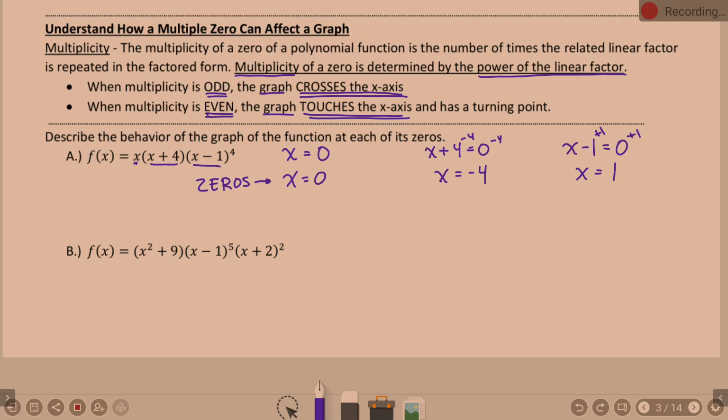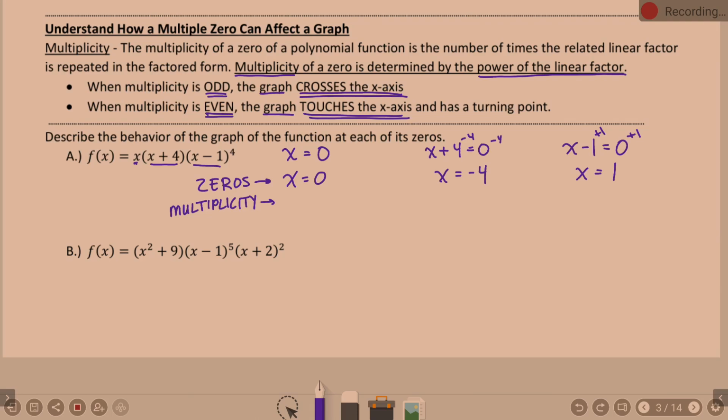Okay. The next row of information I'm going to put on here is the multiplicity. Now, again, multiplicity of a zero is determined by the power of the linear factor. I'm going to start over here because I think it's the more obvious one.